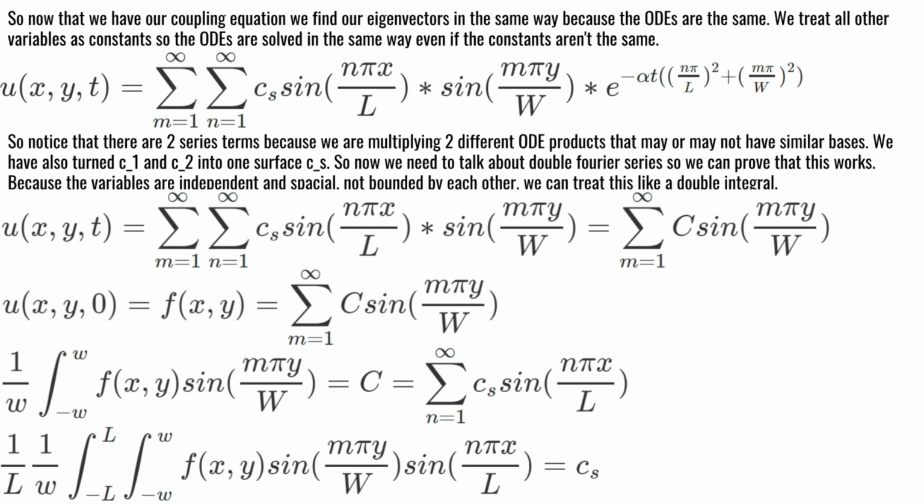We're going to have 1 over w times the integral from negative w to w of the function of x, y times sine(m pi y over w) equals some constant. Because we're deriving that constant, we're keeping it by itself. Because the integral only pertains to dy, we're treating everything with a term of x as a constant. This is just simple integration, Calc 2 or Calc 3.